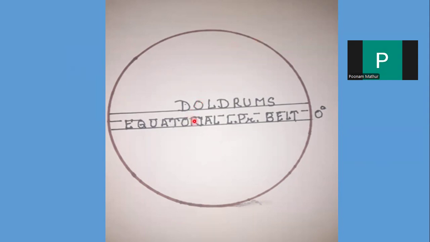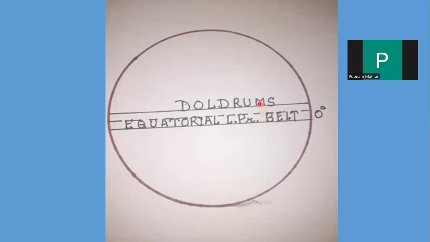Near the equator, 10° north and south of the equator, extends the equatorial low pressure belt. This belt has been formed because this region is intensely heated by the vertical rays of the sun.